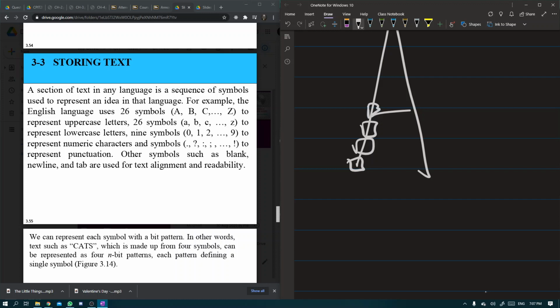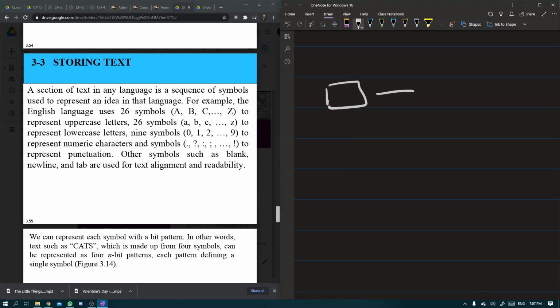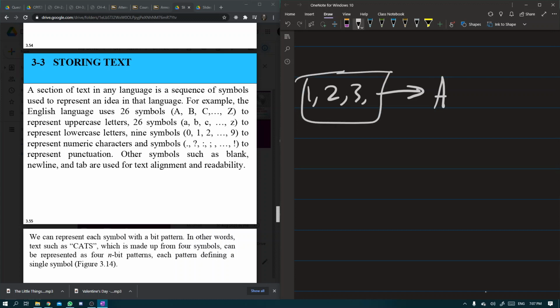So what computer scientists did back in the day is that they mapped integers, for example 1, 2, 3, etc., into a character that you could see. When you print, it converts these numbers into a character that could be printed, and that is called ASCII.